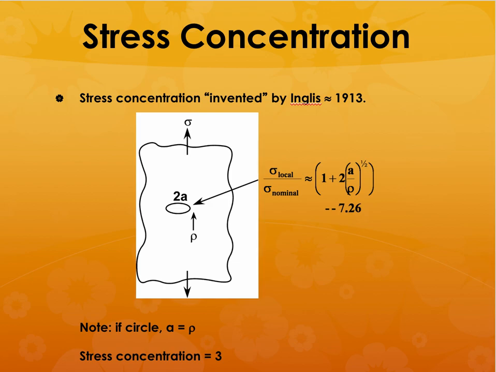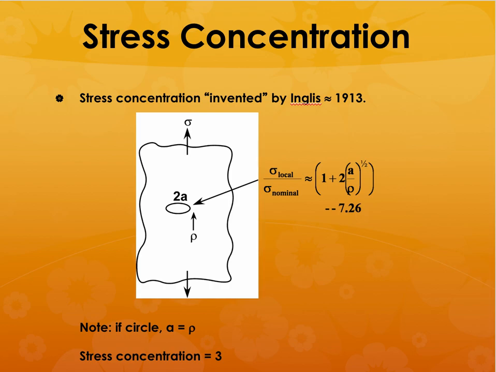Okay, so if you have gone through design 1, MEC design 1 and gone through Shigley, you will appreciate that the concept of stress concentration was largely unknown before World War I. But after that, all these things started getting taken into account.